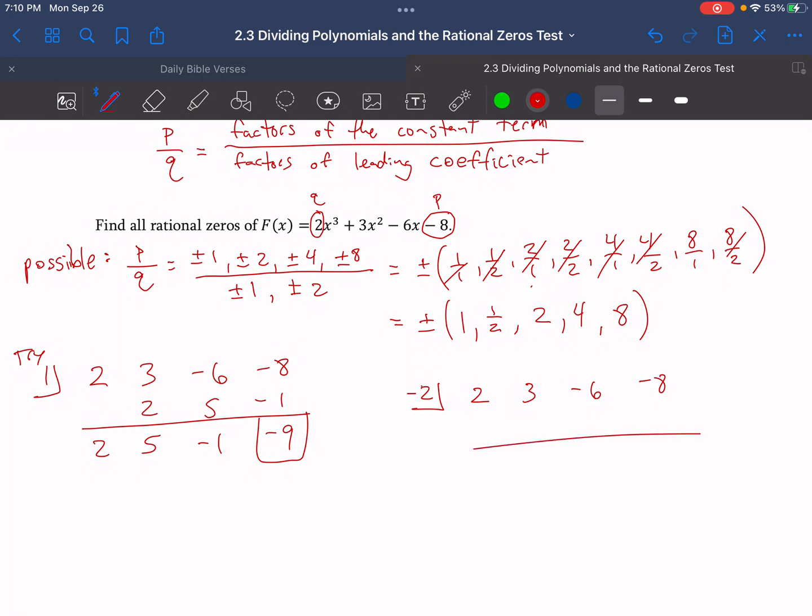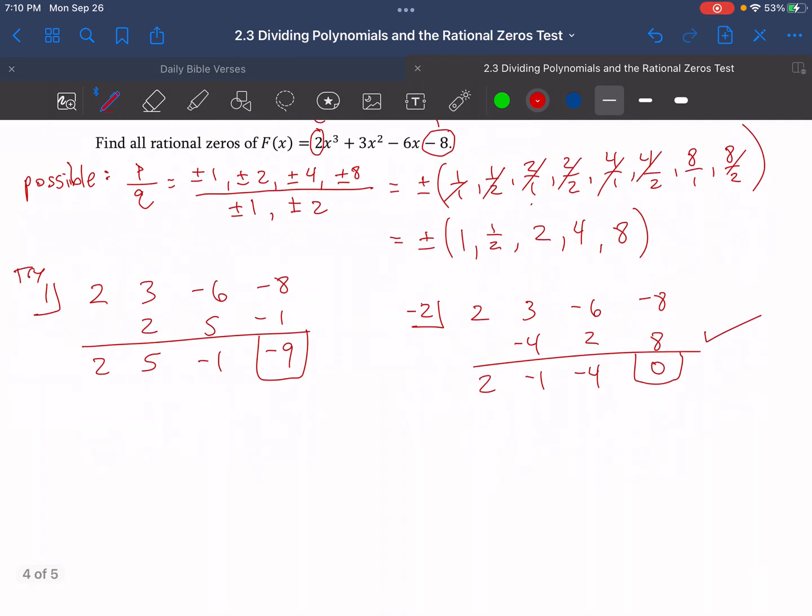Bring down the 2, -4, -1, 2, -4, and then 8, and then there's a 0. So this one worked, and that means that we just found one of the zeros. So one of the zeros is -2.